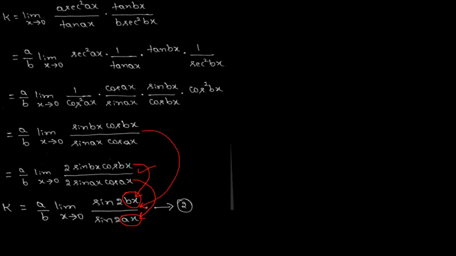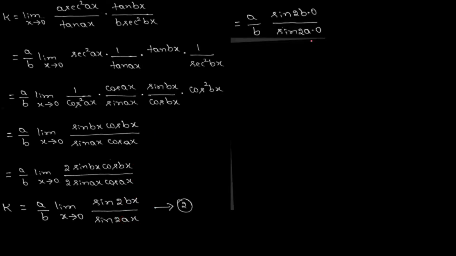Now let us apply the limit and check whether we will get the finite answer or not. Yes, we have applied the limit x tending to 0. 2b into 0 is 0, which we have written here, and 2a into 0 is 0, which we have written here.